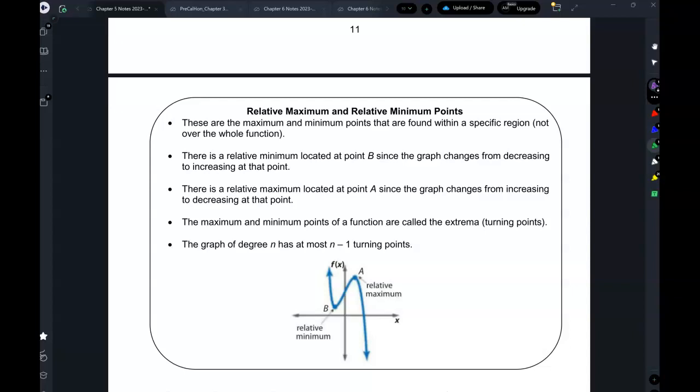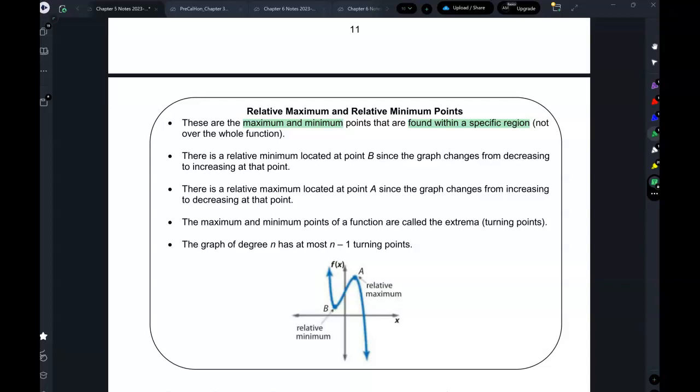So relative maximum and relative minimum are maximum and minimum points that are found within a specific region, not necessarily over the whole function. If you look at this function here, if I were to ask you what is the maximum value of this function, well, you can't tell me because this goes up forever and ever, right?